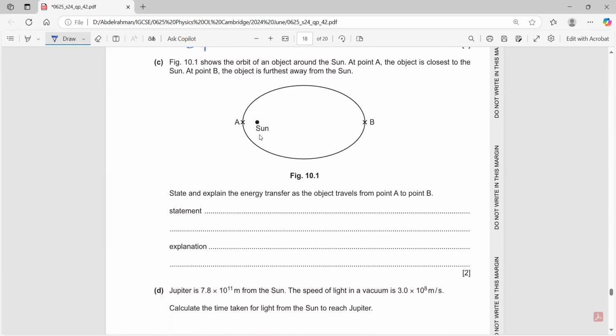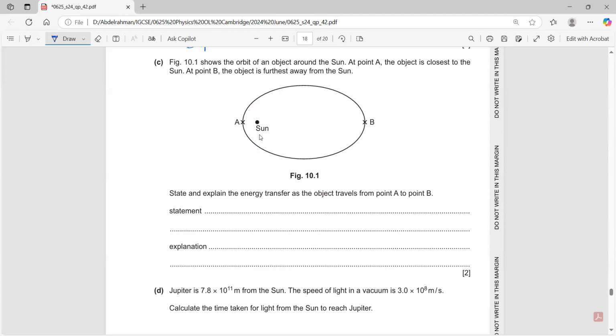Explain the energy transfer as the object travels from A to B. Basically, when it's close to the sun, it has a lot of kinetic energy, and as it moves to B, further away from the sun, the kinetic energy decreases, but the gravitational potential energy increases.